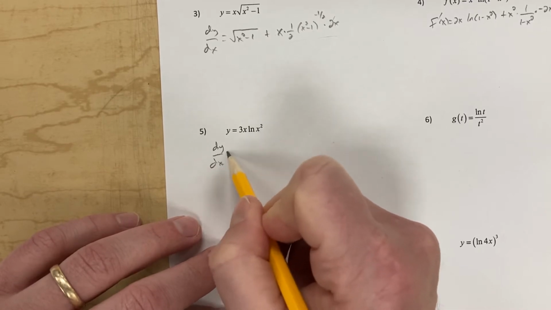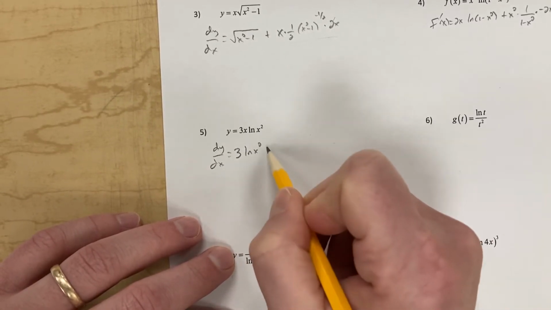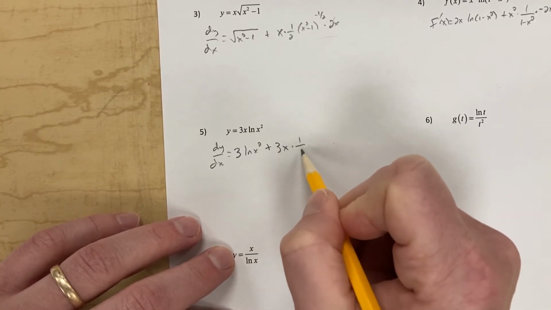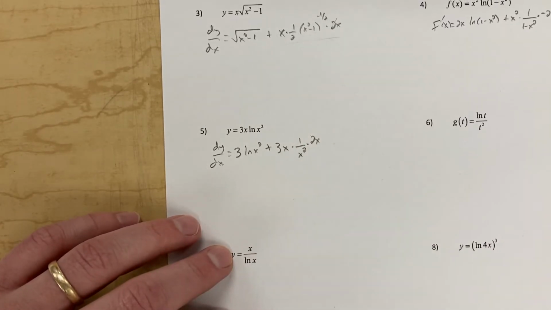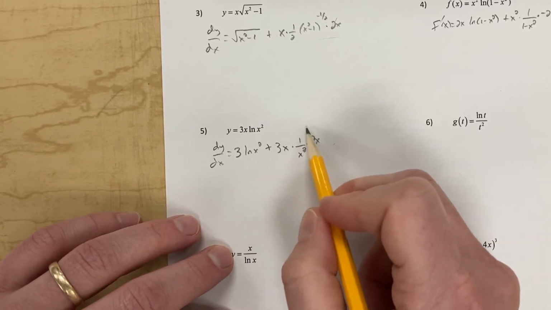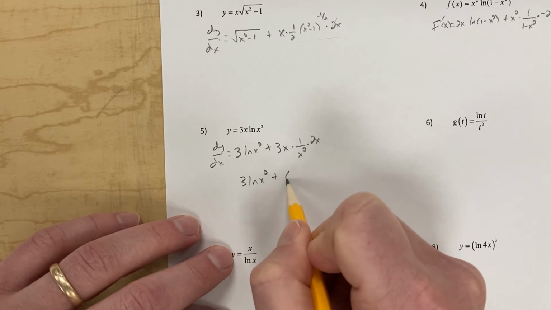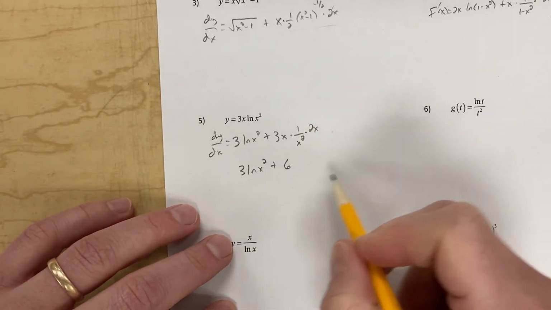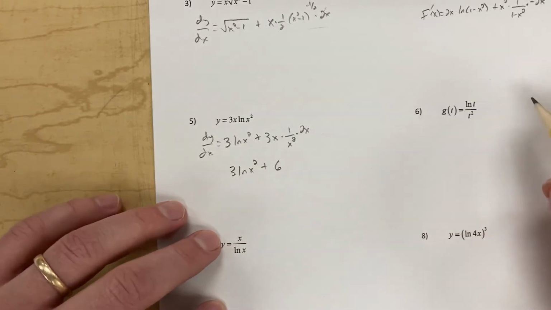So dy/dx will be the derivative of 3x, which is 3, leave the natural log of x squared alone, plus 3x times the derivative of that, which will be 1 over what was inside times the derivative of what's inside. Now if I were to simplify that, 2x, 3x makes 6x squared. The x squareds cancel, so I really just have this plus 6 if I do the simplification on it. But again, that's kind of up to you. Either one of those is fine.